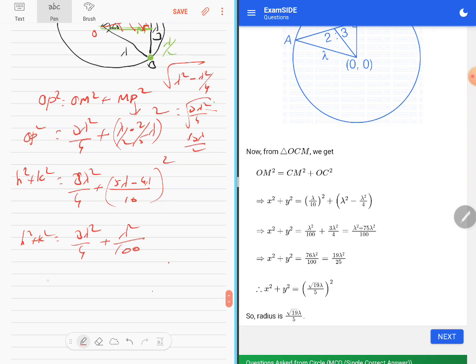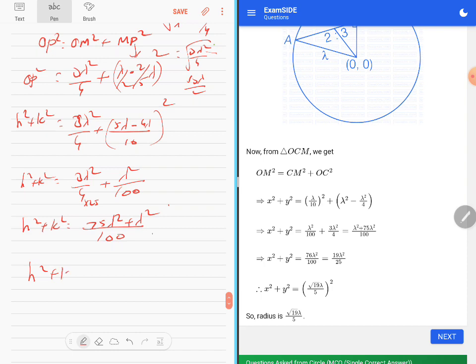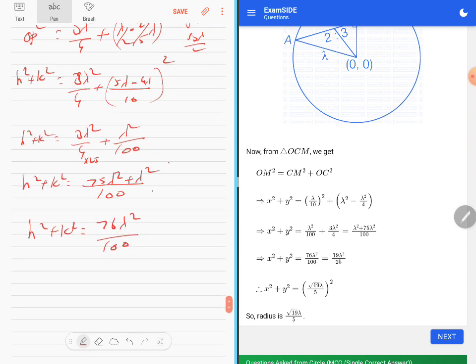So thus you get this, and you can solve this to H square plus K square is equal to, this is 25 fours are 75 lambda square plus lambda square. So H square plus K square is equal to 76 lambda square by 100. So H and K can also be replaced as X and Y. Thus you get the radius, which is root 76 by 10 into lambda.